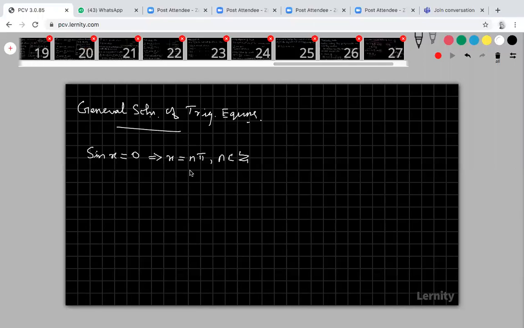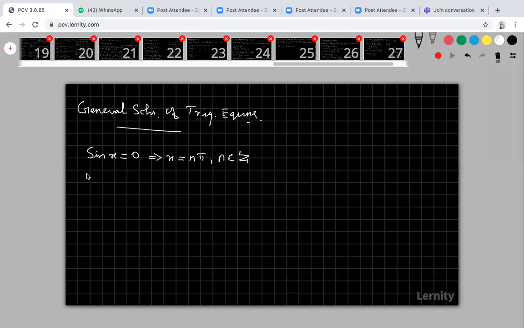We have already discussed that when x is equal to 0, sin 0 is 0. x is equal to 1 pi, sin pi is 0. Sin 2 pi is 0. Sin 3 pi, sin minus 2 pi is 0. That means your x is n times pi, that is a multiple of pi. n may be any integer, positive or negative. Your sin x is 0.